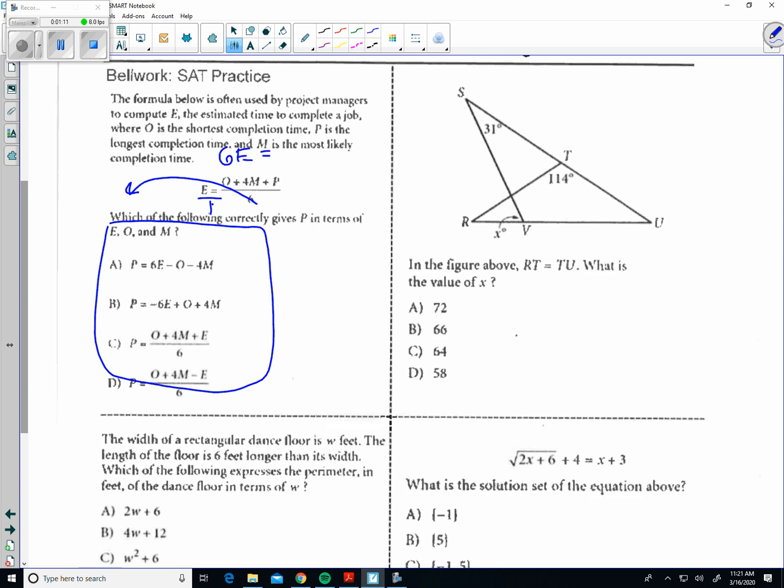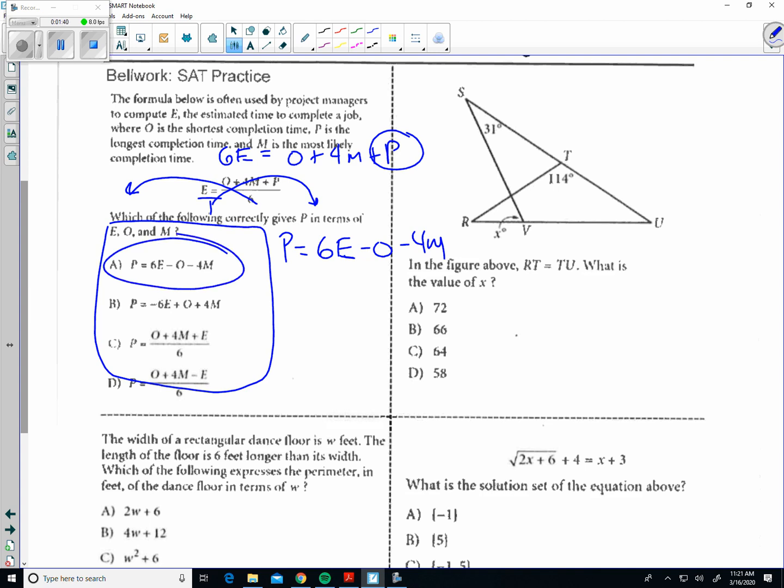And we cross multiply, of course, with the 1 and get the o plus the 4m plus the p on the left side of the problem. And if we wanted to get the p all by itself, we would just subtract out the o and the 4m. So I'm getting P equals 6E, subtract out the O there, and subtract out the 4M, and that should get you lined up with answer A.